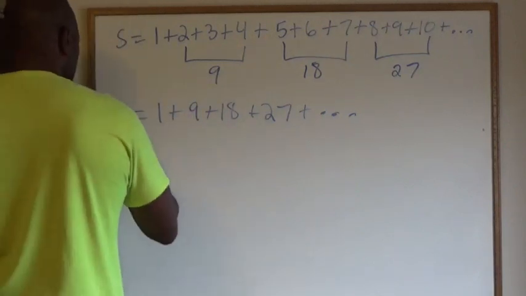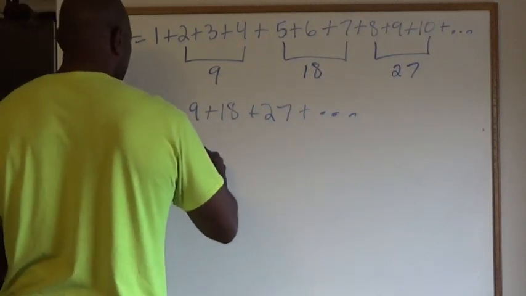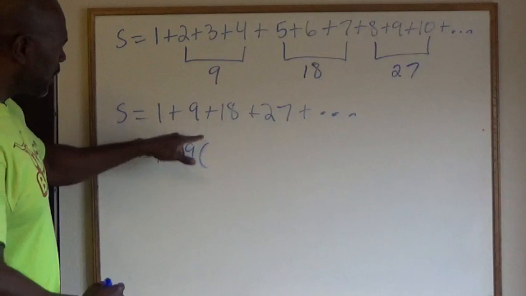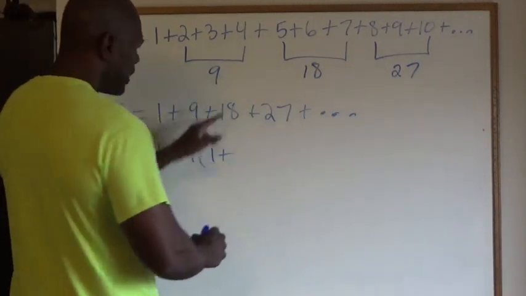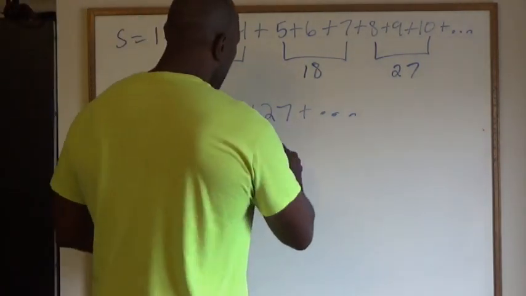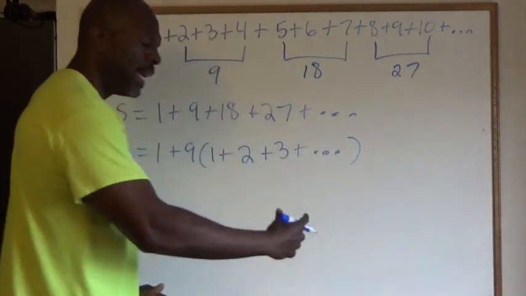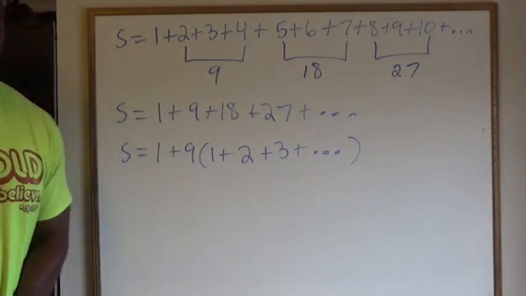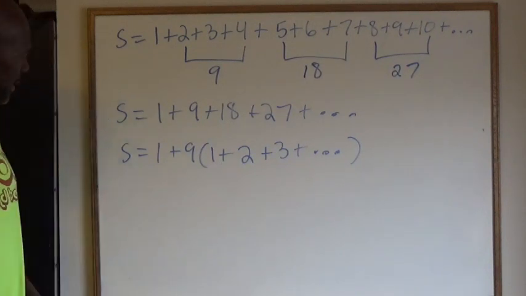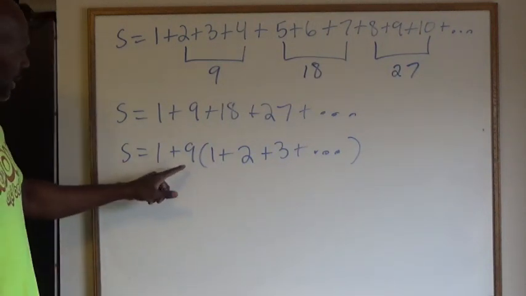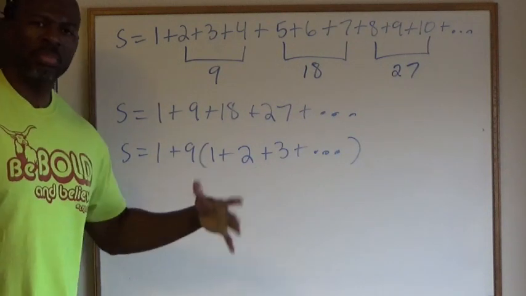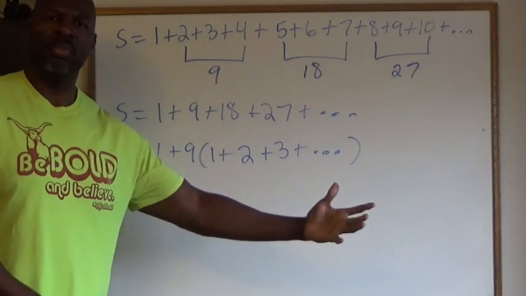Therefore S would be 1 plus 9 times... If I factor 9 out of 9, I get 1. Factor 9 out of 18, I get 2. 9 out of 27, I get 3, and so on. So what you should see is S is 1 plus 9 times the sum of 1 plus 2 plus 3, etc. on to infinity.